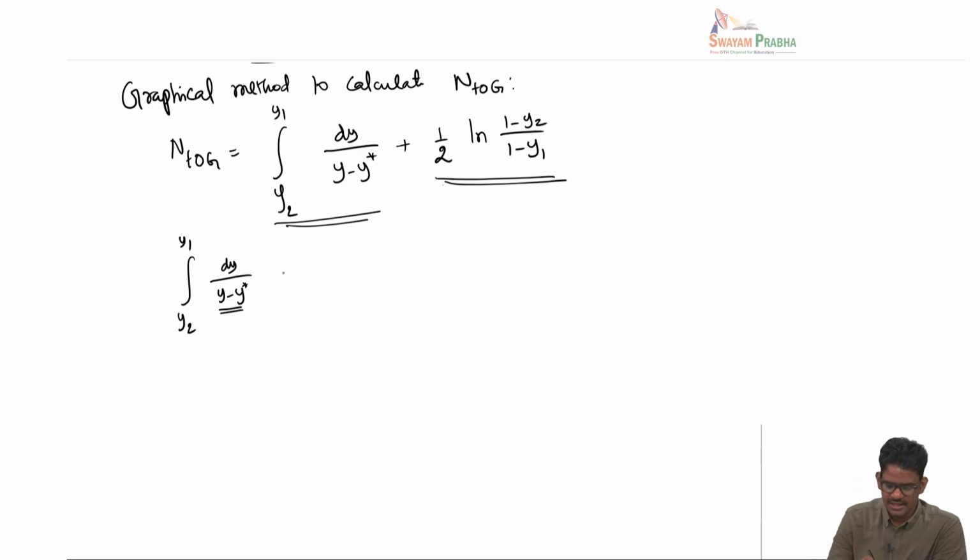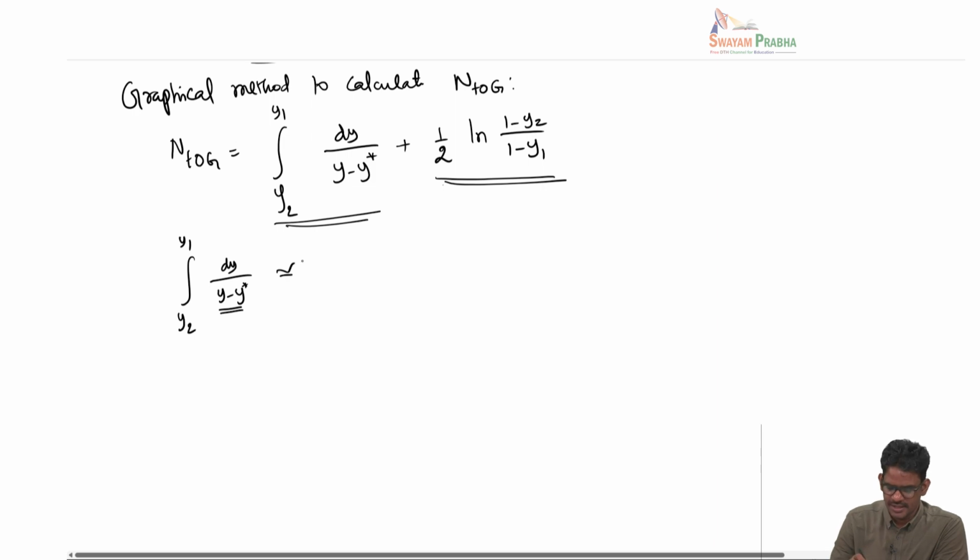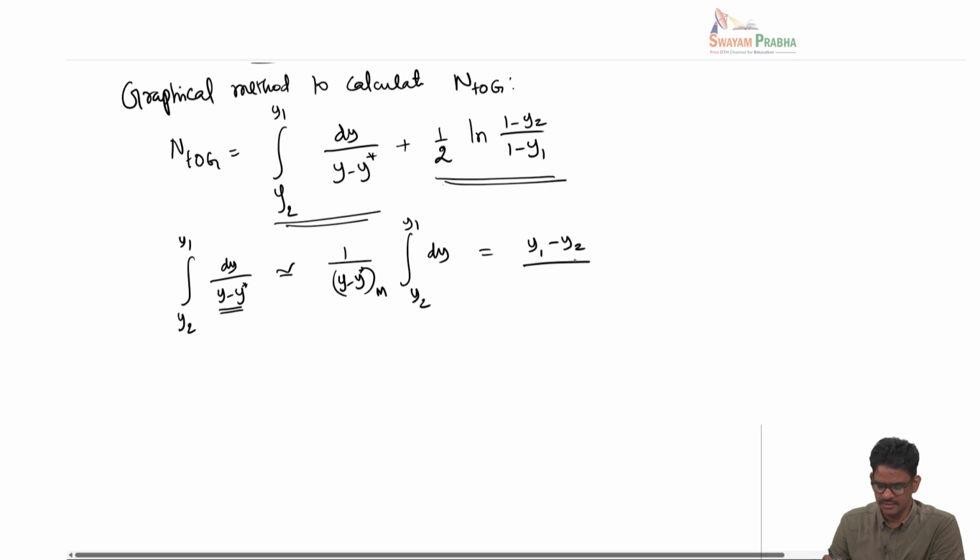So then I can write this approximately as 1 by Y minus Y star log mean difference times dy from y2 to y1. So this basically becomes y1 minus y2 by y minus y star. And this is what we say as NTOG. Of course, this term has to be added to it, but right now I'm just talking about the integral term alone.